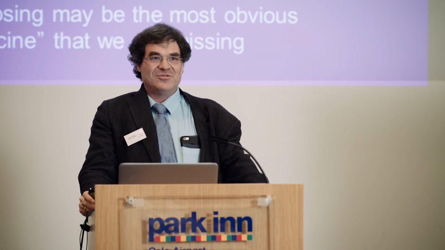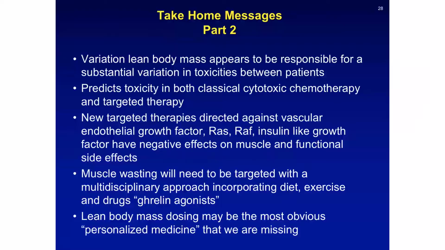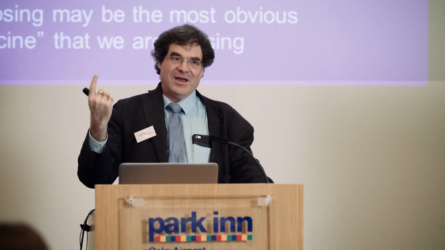So the take-home message is that there's tremendous variation in lean body mass in cancer patients, and both classical cytotoxic chemotherapy and the targeted therapies seem to be predicted by that. And not only that, some of the targeted therapies actually target the muscle in terms of toxicity, and I think play a major role in the fatigue, particularly in sunitinib, sorafenib, and everolimus.